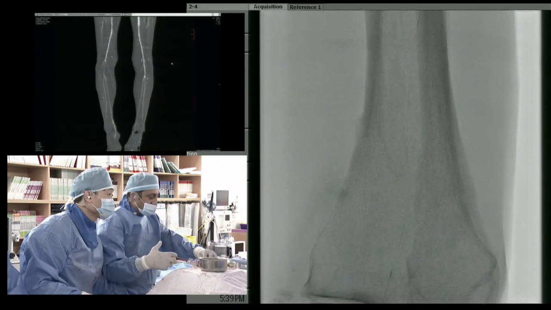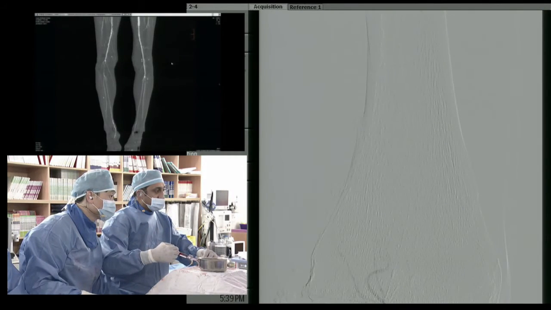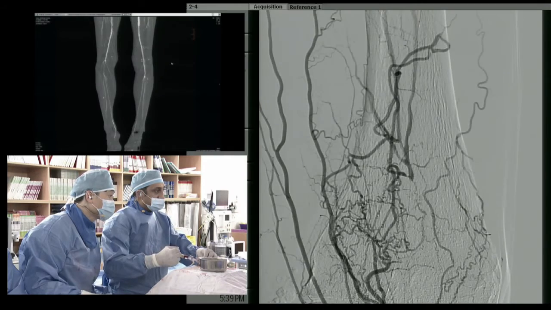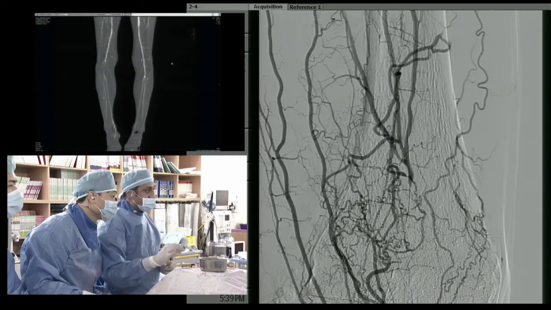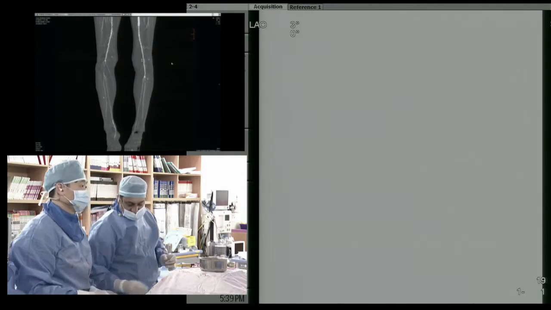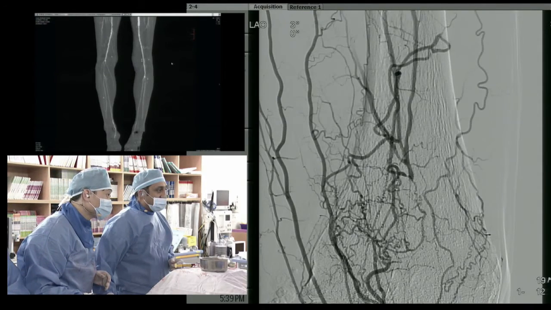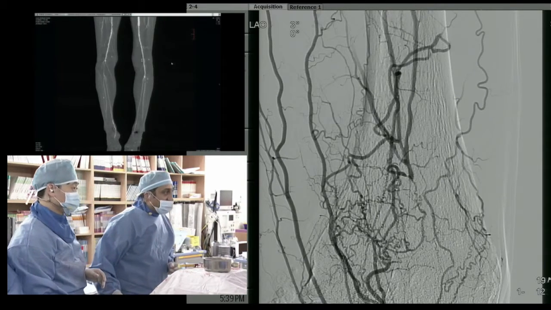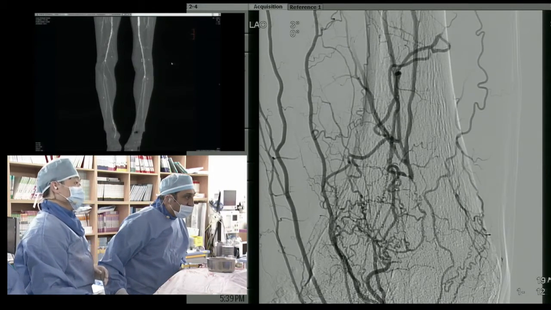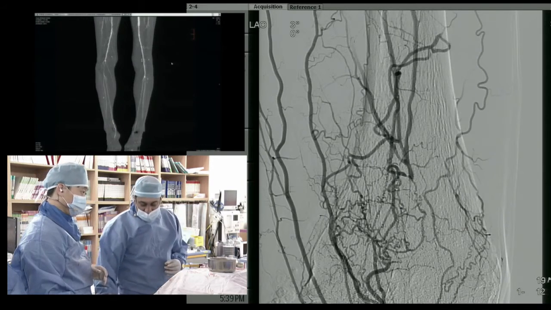All right, that's good. I like that. Oh, you have succeeded. Did the wire take a branch off that PT downstream? I think it's in the peroneal and off a branch over there. Let me try to see if I can pull back.